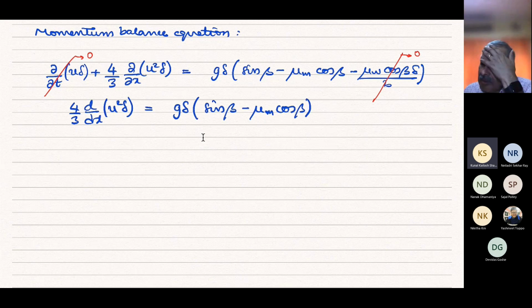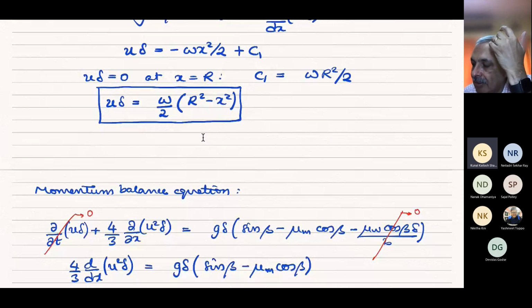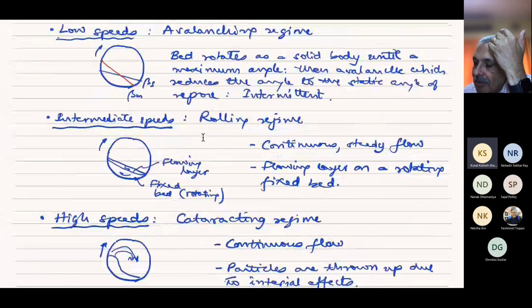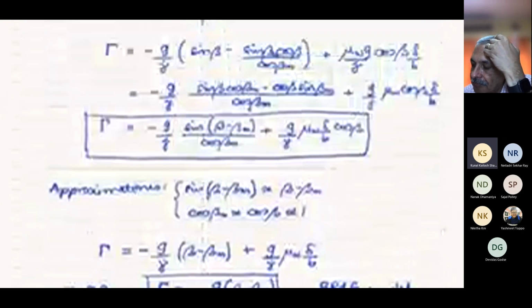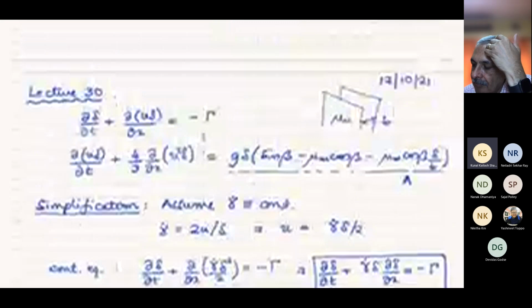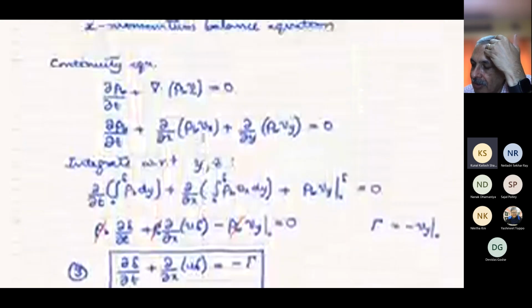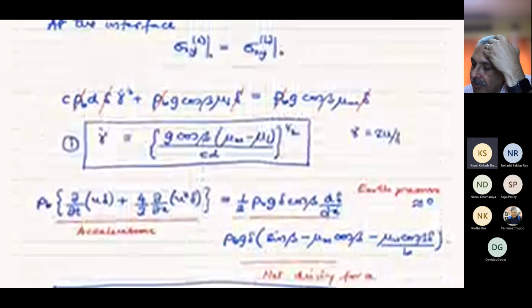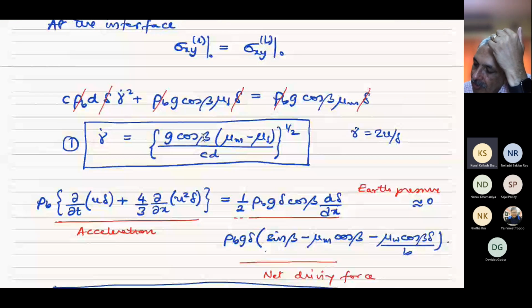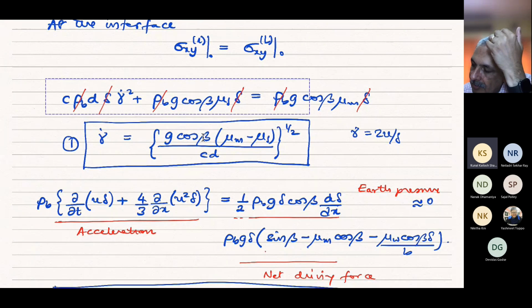Now if we look at the condition of stress at the interface, again I'll go backward right up to where we had actually written down this equation. So the balance of stress at the interface gave us this equation. So I'm going to copy this.